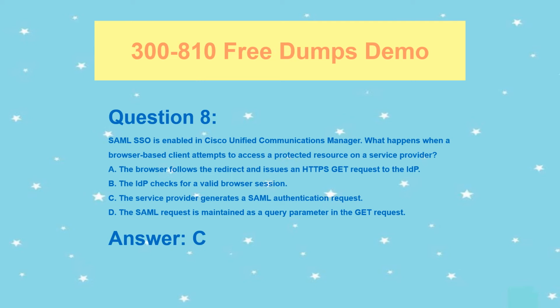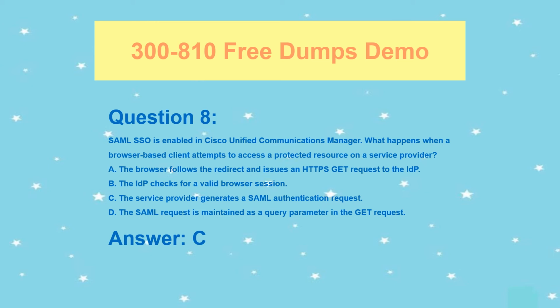Question 8. SAML SSO is enabled in Cisco Unified Communications Manager. What happens when a browser-based client attempts to access a protected resource on a service provider? A. The browser follows the redirect and issues an HTTPS GET request to the IDP.